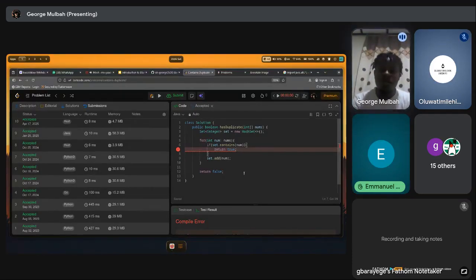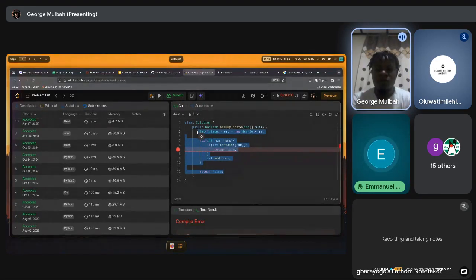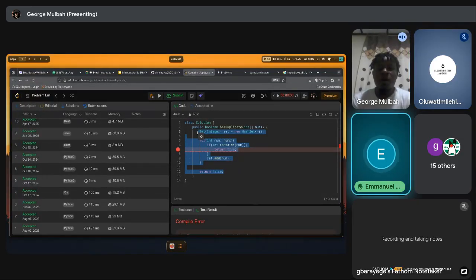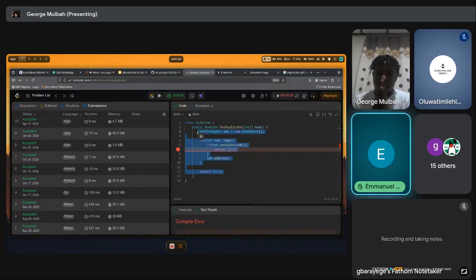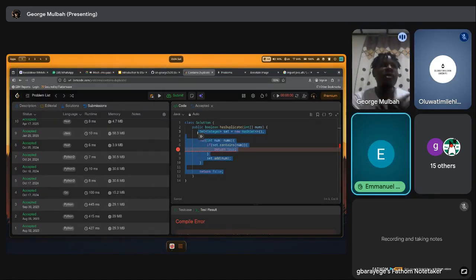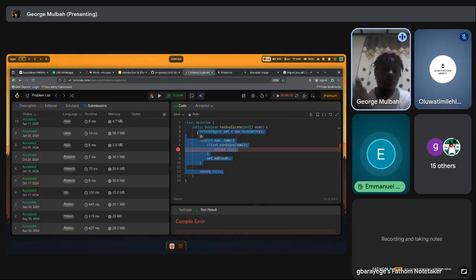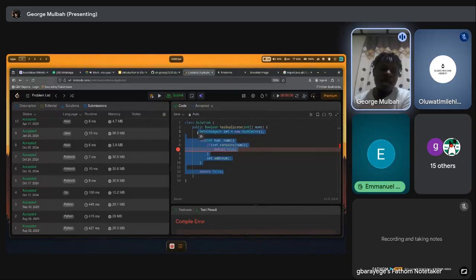So you don't have to write this solution. This solution is not working on this. Oh, now I know the issue. Sometimes LeetCode gets rid of the previous solution.